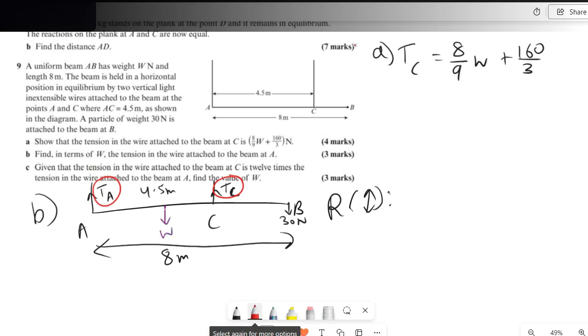So resolving vertically, tension at A plus tension at C, which is the upward force, is going to be equal to the downward force, which is 30 newtons plus W newtons.